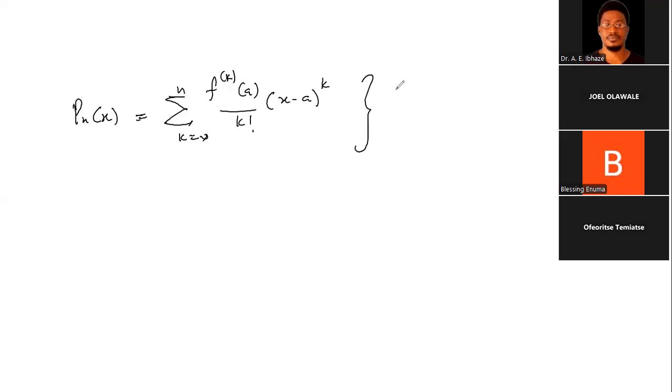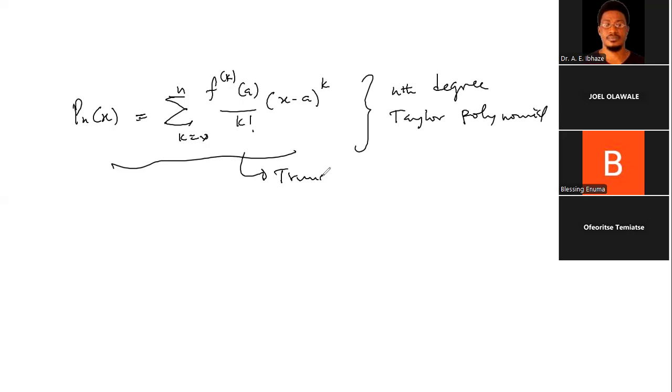So this is now referred to as the nth degree Taylor polynomial. You could literally refer to this as the truncated Taylor series.